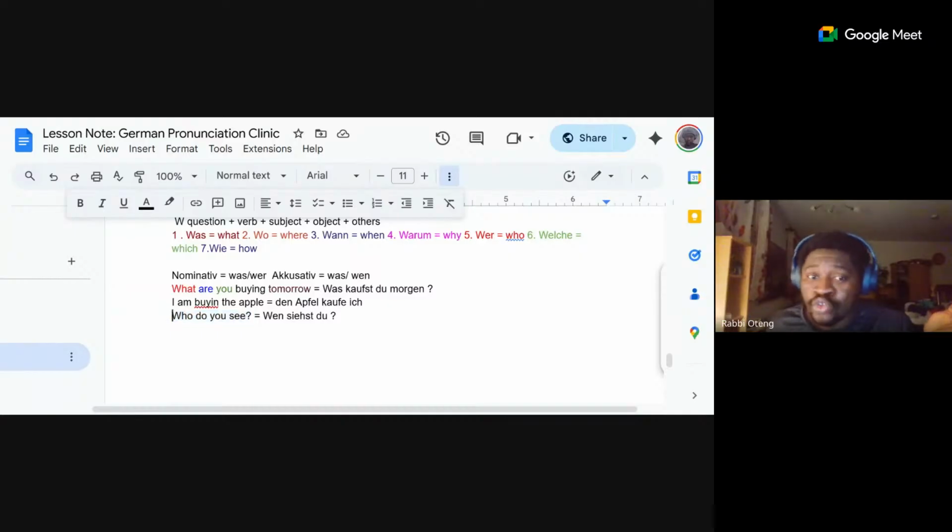But if I want to use the who as the subject, asking who sees the man? In this case, the seeing is performed by who? Who is performing the action in this sentence?